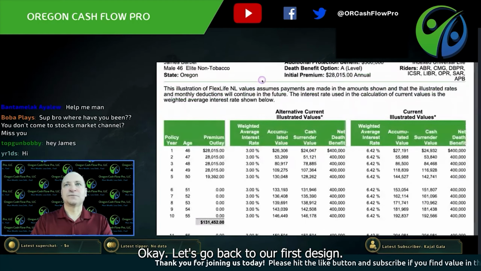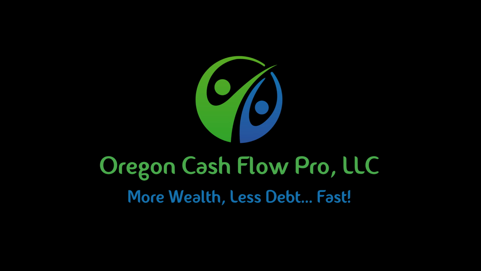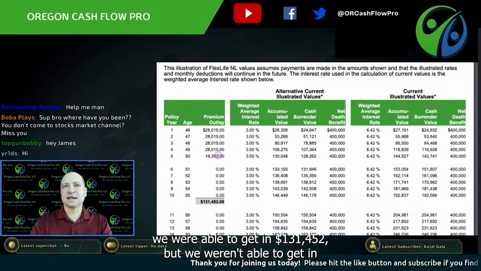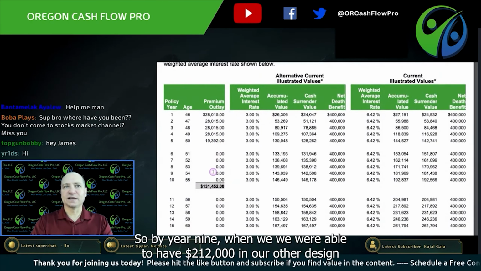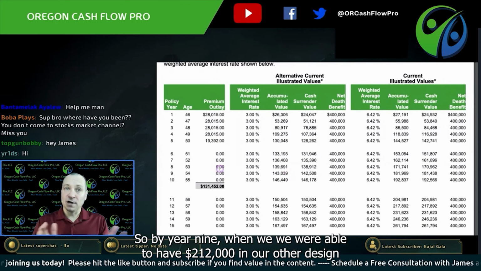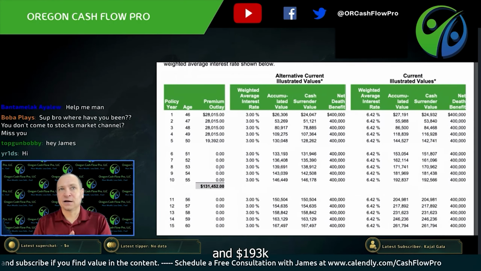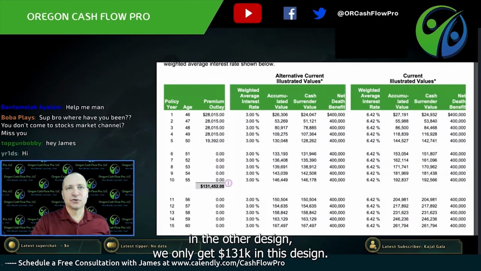Okay, let's go back to our first design. This is level death benefit, guideline premium test. And by year 5, we were able to get in 131,452, but we weren't able to get in any more than that. So by year 9, when we were able to have 212,000 in our other design and 193 in the other design, we only get 131 in this design.